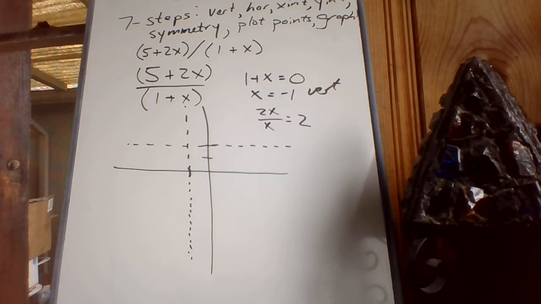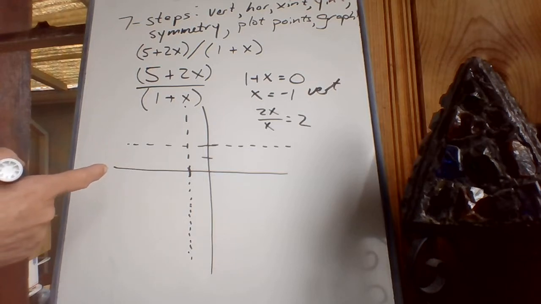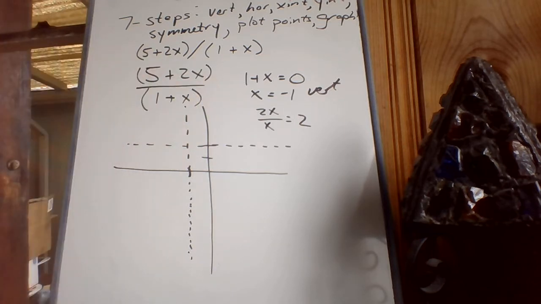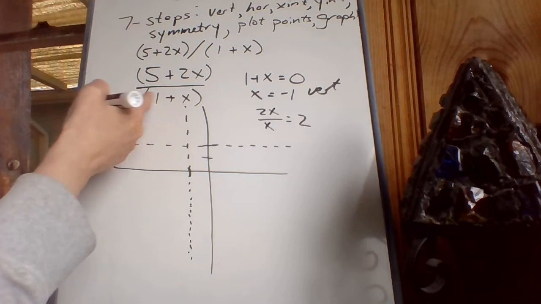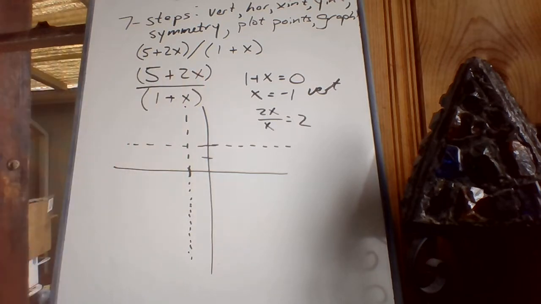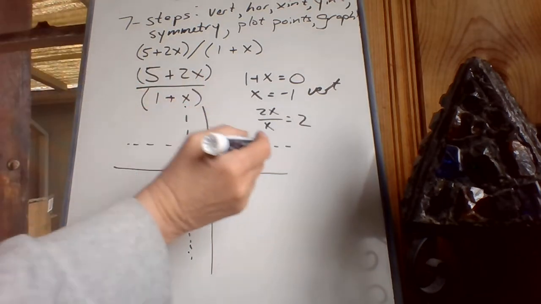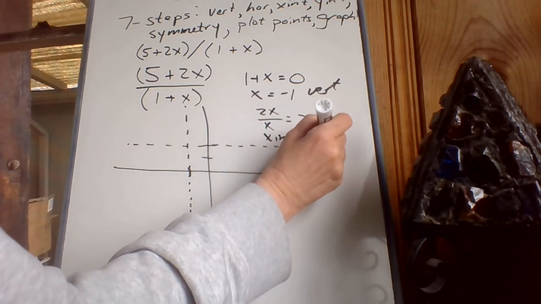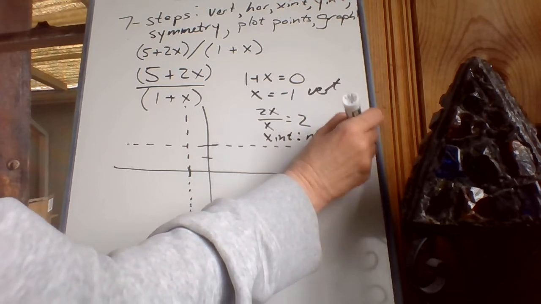Okay, x-intercepts. That's what that's short for, x-intercepts. X-intercepts are places where it crosses the x-axis. So it's places where the entire thing is equal to 0, where the y is equal to 0. If I set the whole thing equal to 0, that's the same thing as just setting the numerator equal to 0. The denominator is not allowed to be 0. So x-intercepts, the way you get those is set the numerator equal to 0.